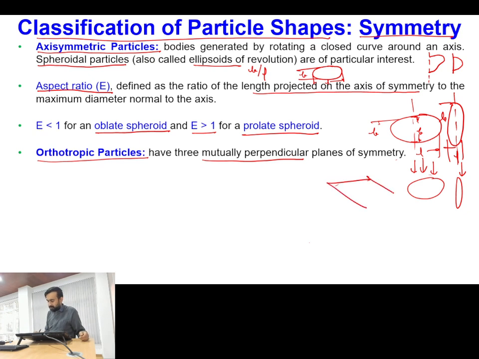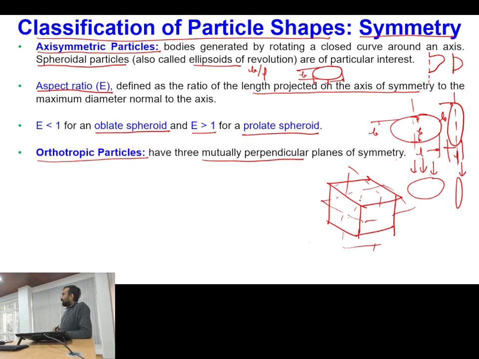For example, if this is my shape, I can take one plane like this, one plane like this, and a third plane like this. So about all these 3 mutually perpendicular planes, once my shape is symmetric, then I will be calling it an orthotropic shape.